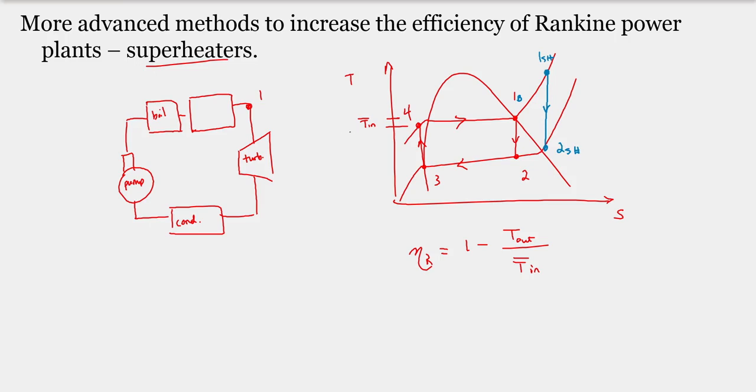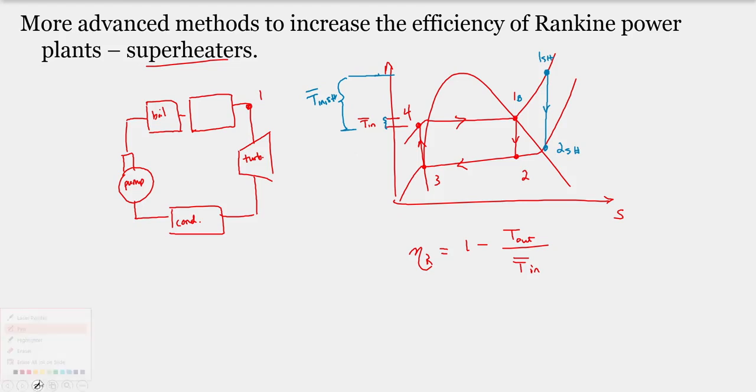And you can see T in for this range of temperatures is significantly higher than we had for our basic Rankine power plant. So let me show you that here. This is the average temperature averaged across this temperature domain as opposed to this temperature domain for the basic boiler, basic system.